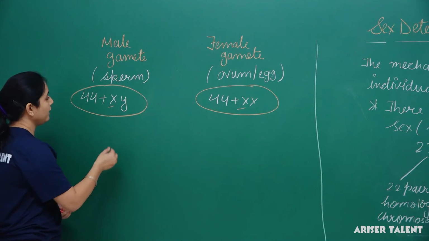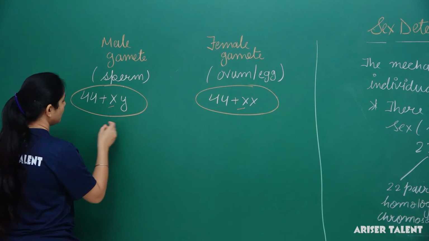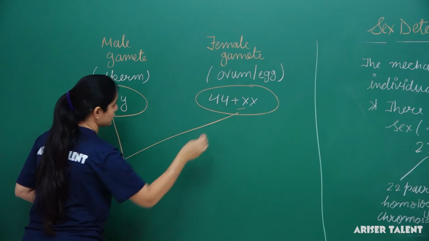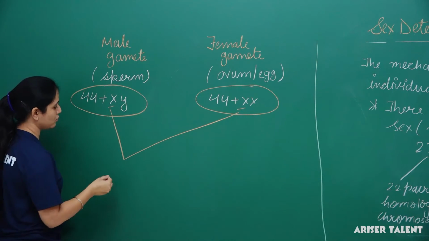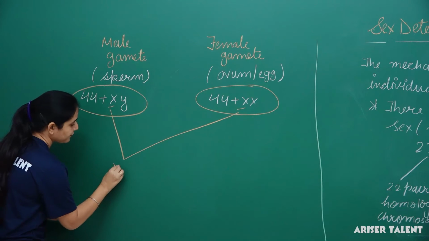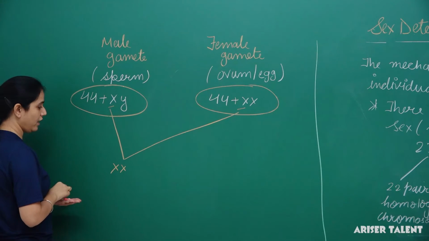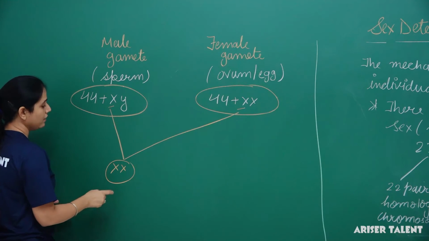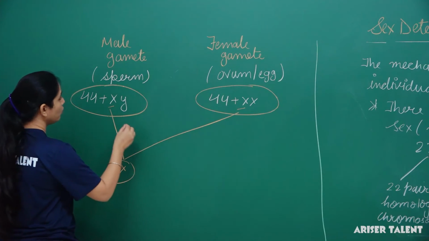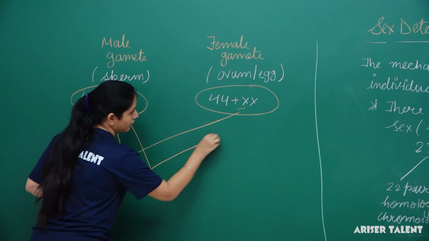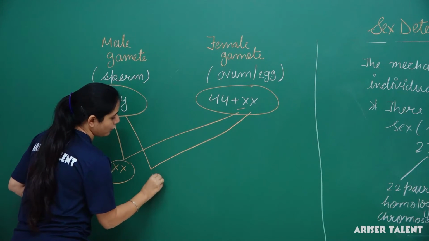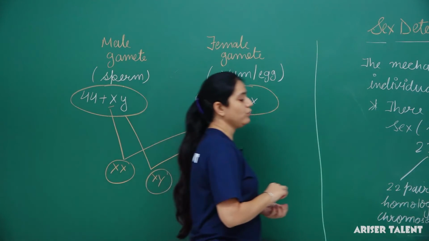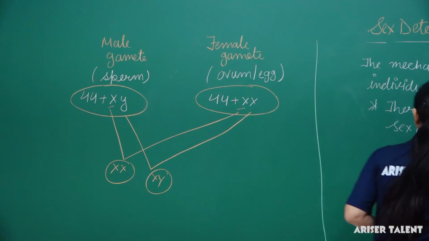When this X gets fused with the ova which carries X chromosome, it will form XX, meaning baby girl. When it is fused with Y, it will form XY, meaning baby boy. Now let me explain in expanded form.